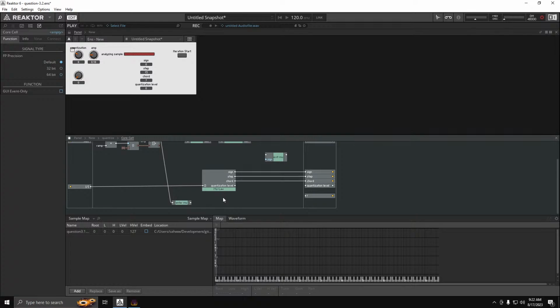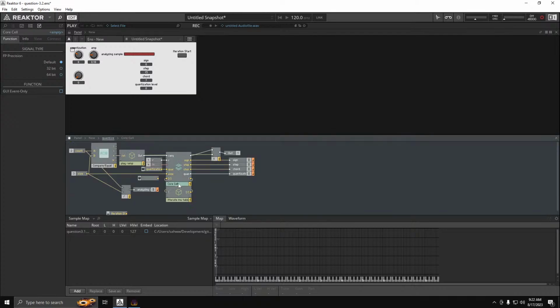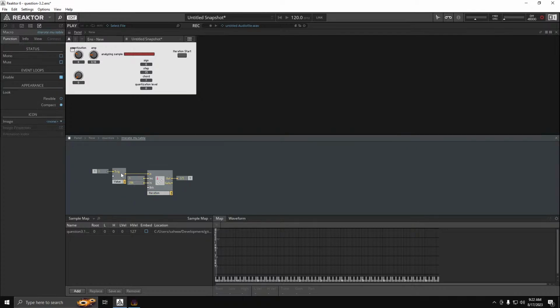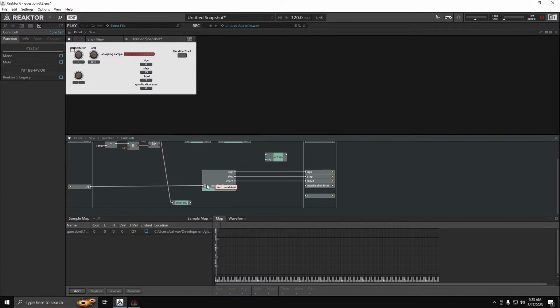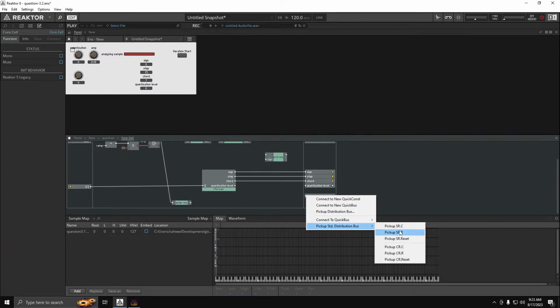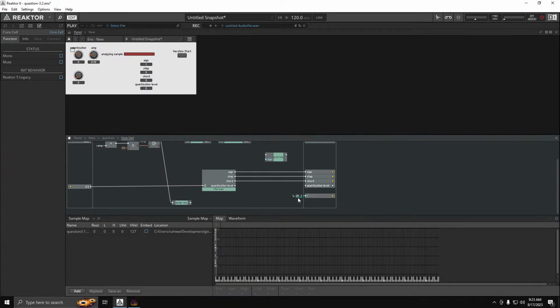I think I'm going to have to do this at the rate of the sample rate clock. Can't connect to this. I don't know if it'll let me do it that fast, but yeah.